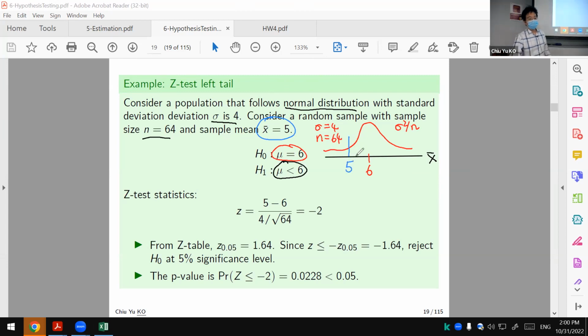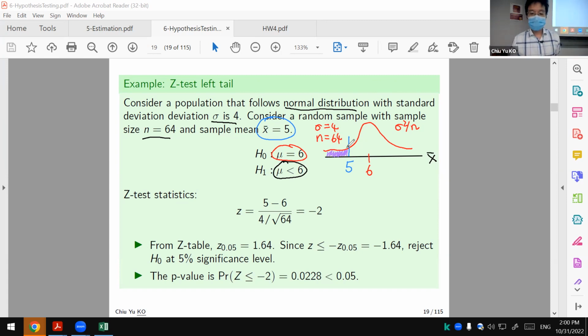So the question we try to see is whether 5 is very small compared to 6. Again, the question is if this area is small enough. If this area is less than 5% or 1% or 10% as you like, then you would say they are far away enough, then you reject mu is 6. Is that clear what we're doing?